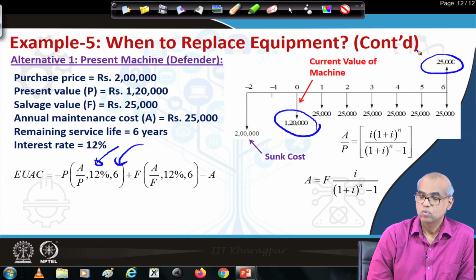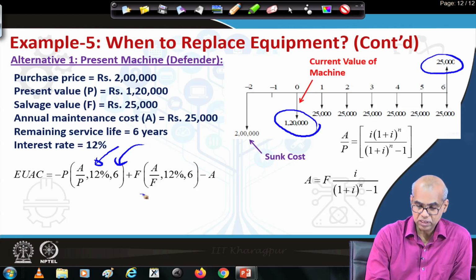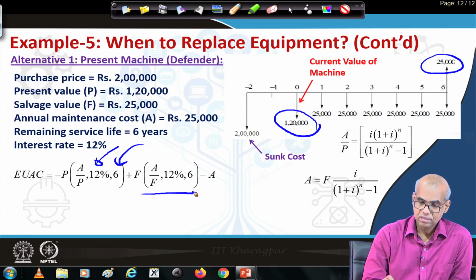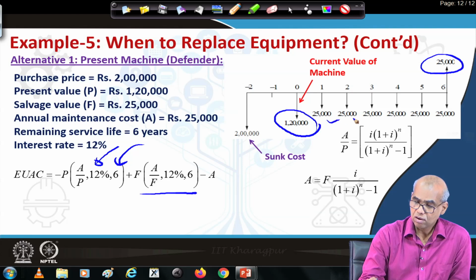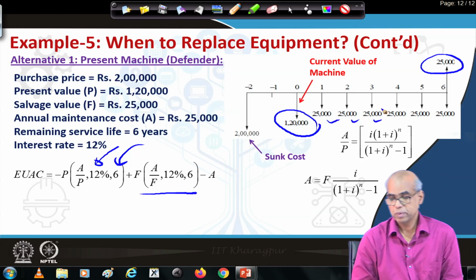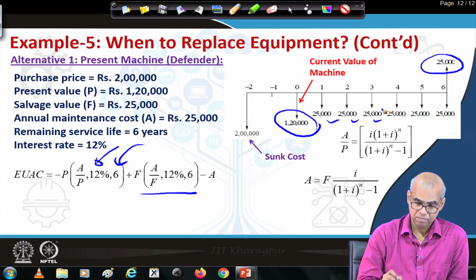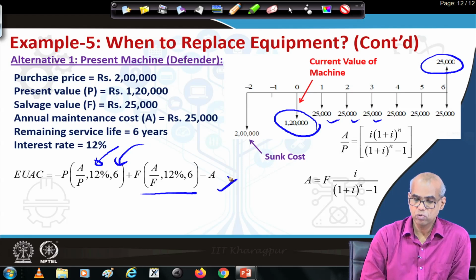Again, we annualize it for 6 years at an interest rate of 12%. And then we have the already specified annual cost of 25,000 every year, so a negative cash flow of 25,000 every year.